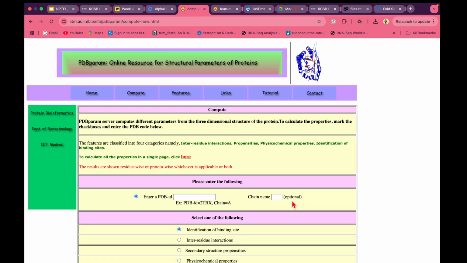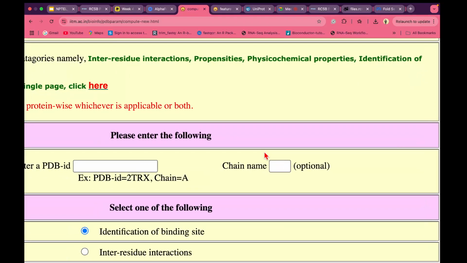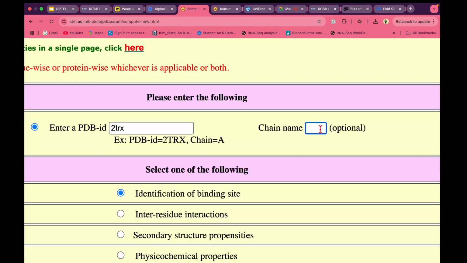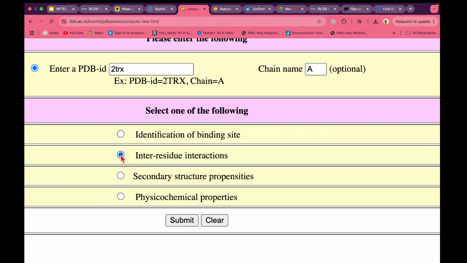So here they have given an example PDB ID. The example is 2TRX and the chain name is A, and I want to select inter-residue interactions.